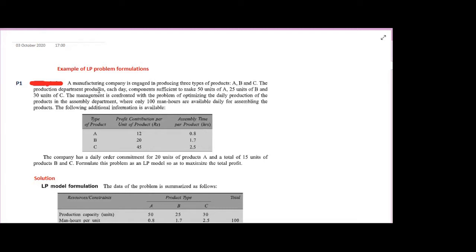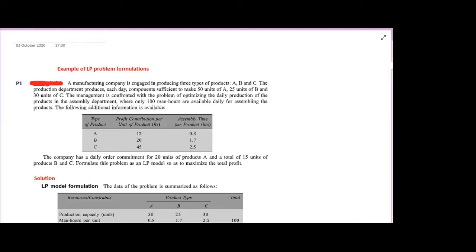The production department produces each day components sufficient to make 50 units of A, 25 units of B, and 30 units of C. The management is confronted with the problem of optimizing the daily production of the product in the assembly department, where only 100 man hours are available daily for assembly of the product.